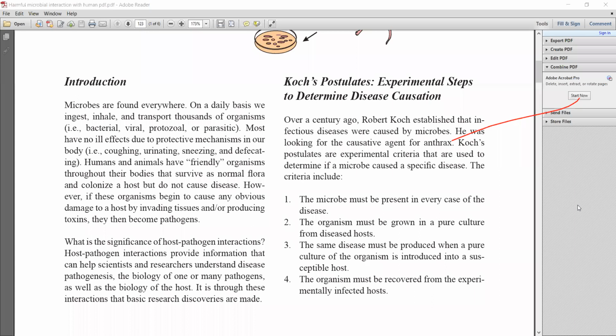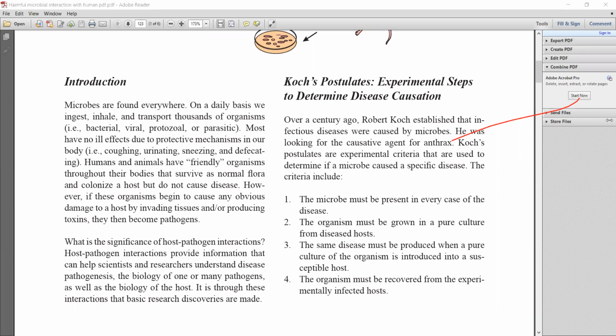So it cannot cause any harm in the intestine because its target organs are the respiratory organs. That is how you should understand its pathogenesis, and only then will you be able to learn more about diagnosing the infection, or what kind of antibiotics may be used to treat that infection and so on. So the interaction part is very important.